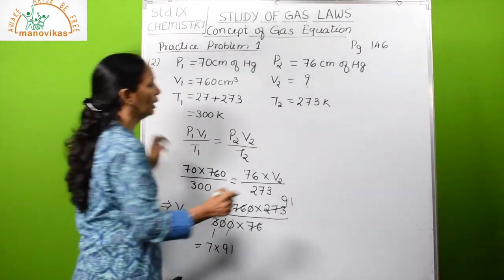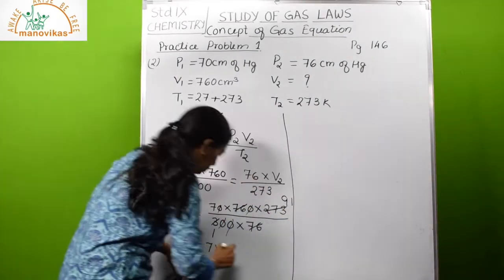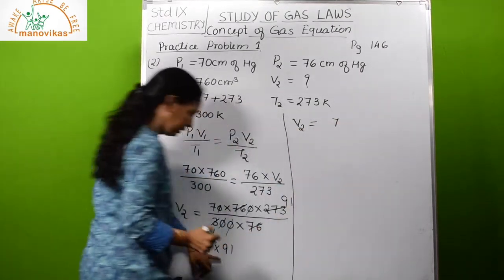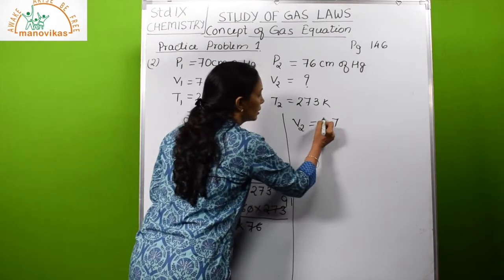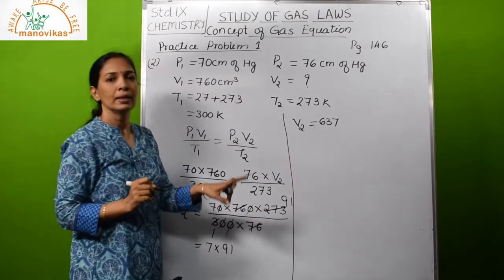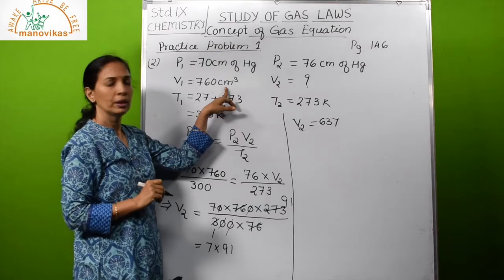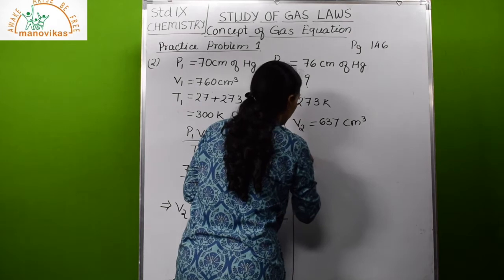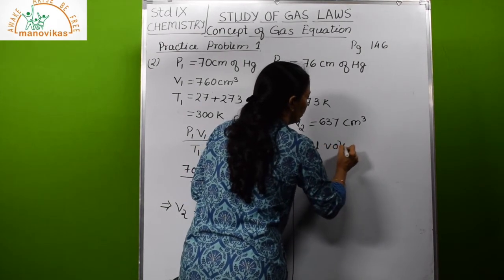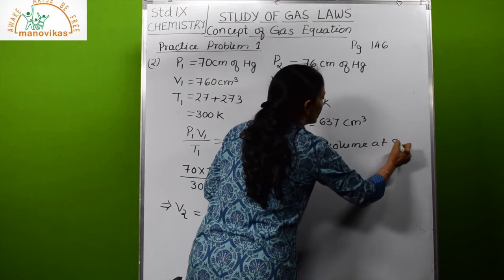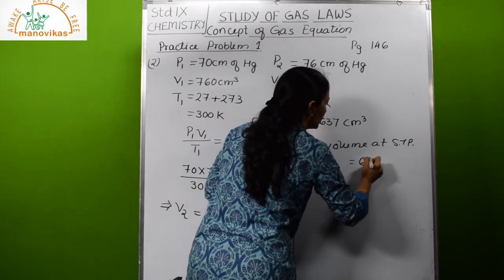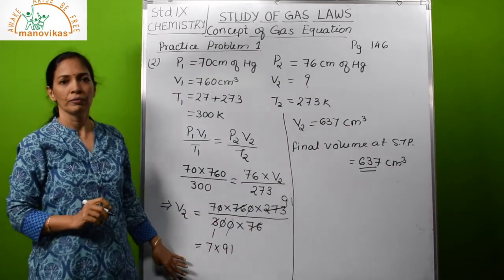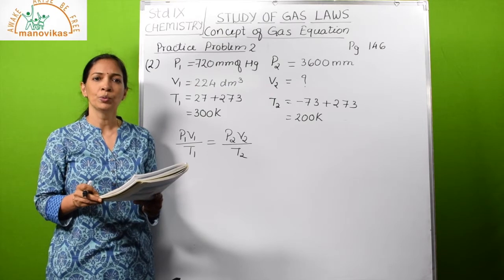Multiply this 7 into 91, so V2 will be equal to 7 ones are 7 and 7 nines are 63, so 637. Now what is the unit over here? Cubic centimeter. So the final volume at STP is equal to 637 cubic centimeter. This is how you have to calculate. Now practice problem 2, again the second one.